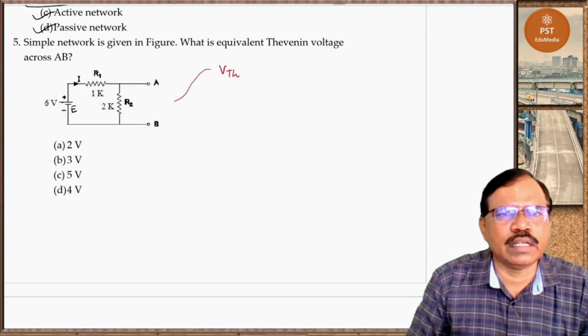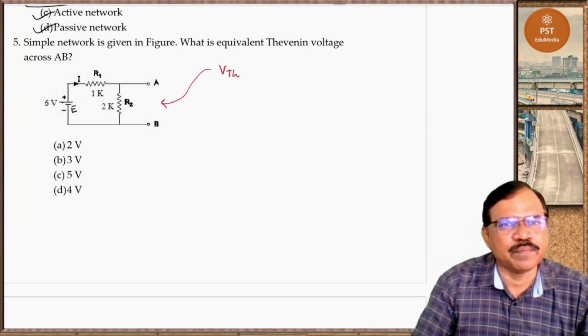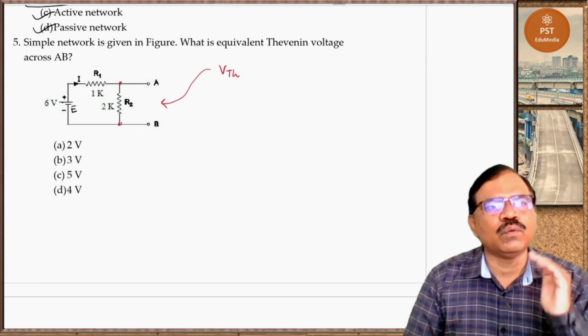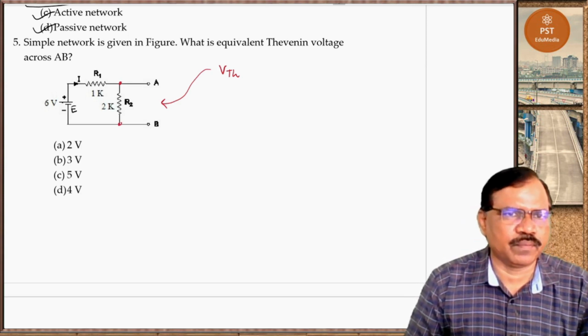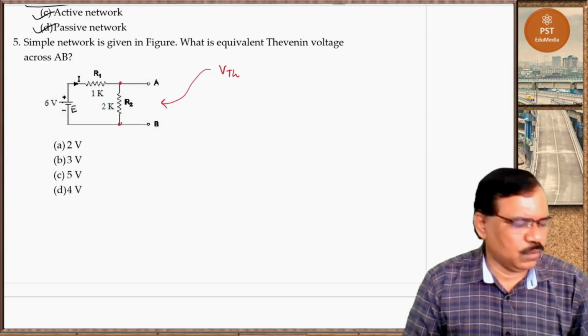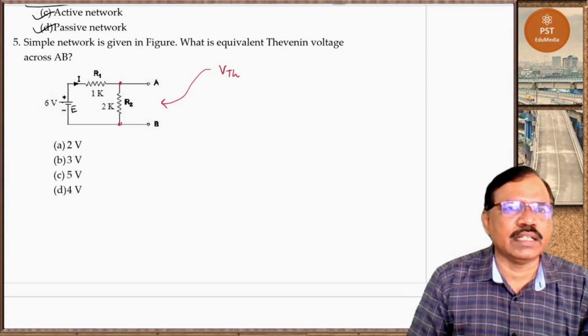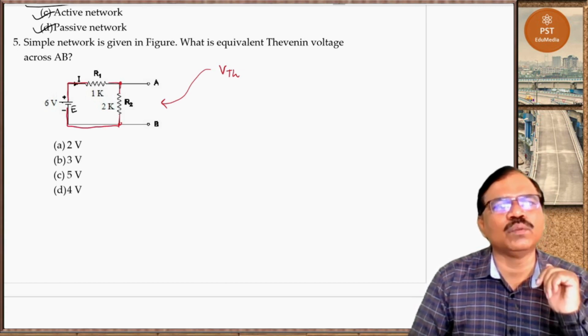VTH, that is the open circuit voltage across terminals A and B. Now see here, terminals A and B, they are across resistance R2. So whatever voltage across R2, that is across terminals A and B. So we have to find voltage across R2. For that purpose, we have to find first current. Now see here, current goes like this. So in the path of current, R1 and R2, they are in series.